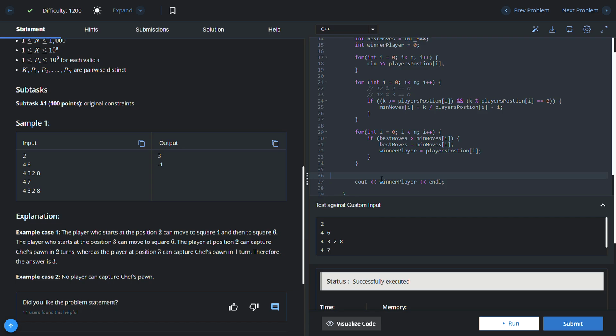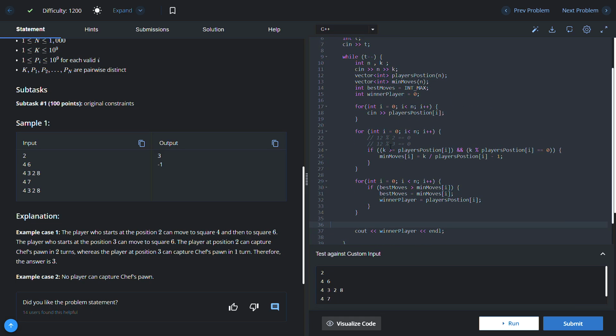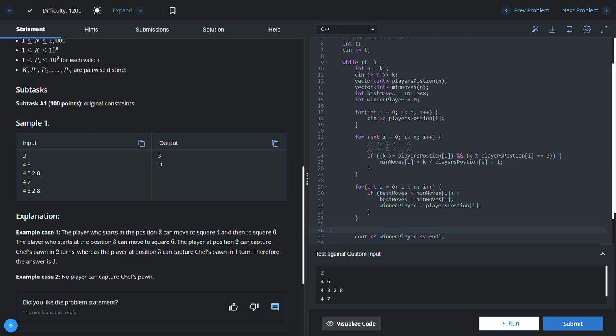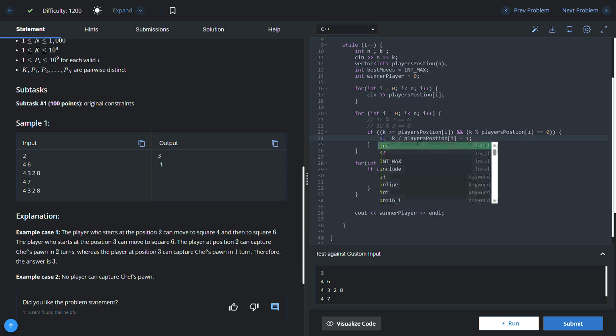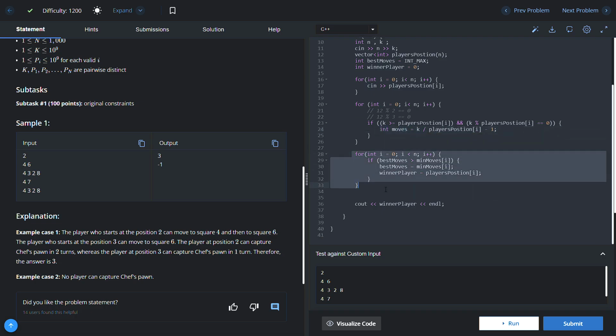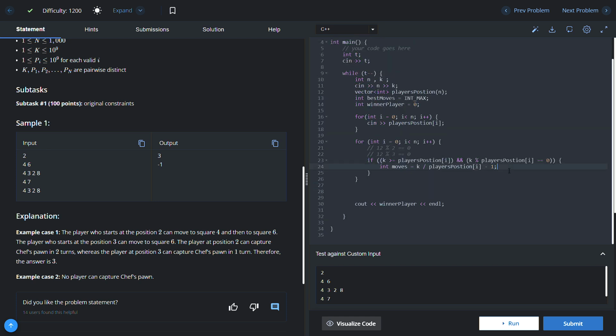Min of I. Why are we taking this? I think we don't need to take this. Just a variable moves, and remove this. Okay.